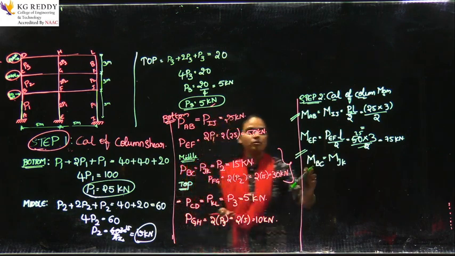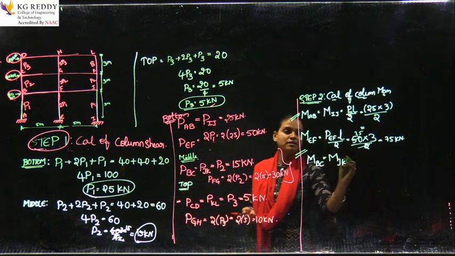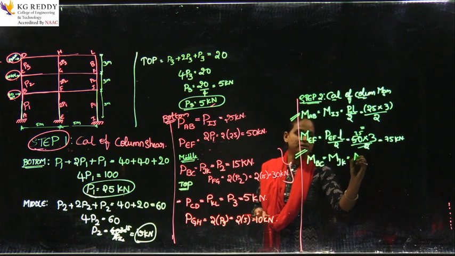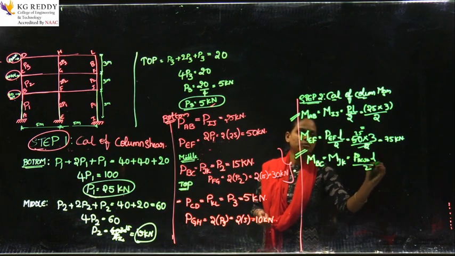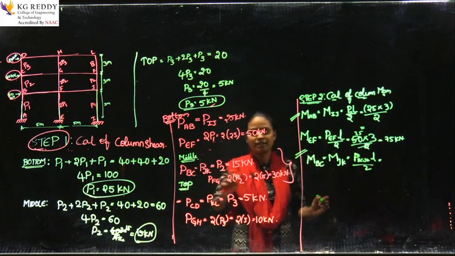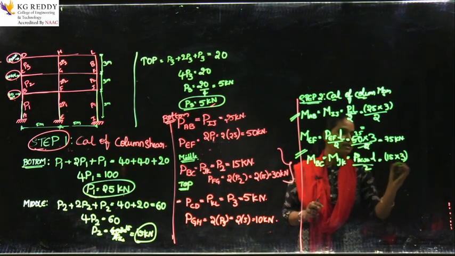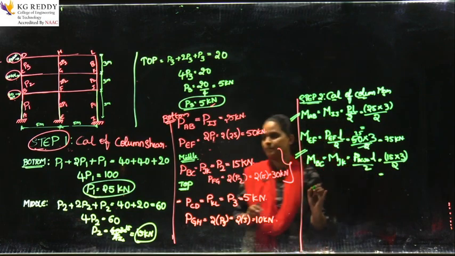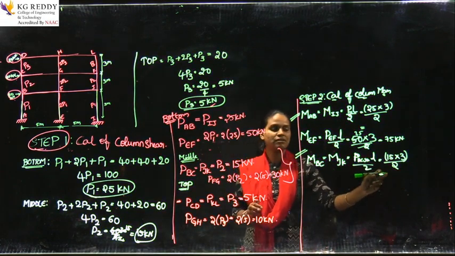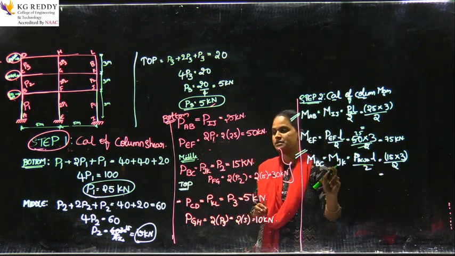So moments about BC and moments about JK is equal to PL by 2. Moments about BC or JK is 15 kilonewtons, so 15 into 3 divided by 2. When you calculate, you will get the value of moments about BC and moments about JK.